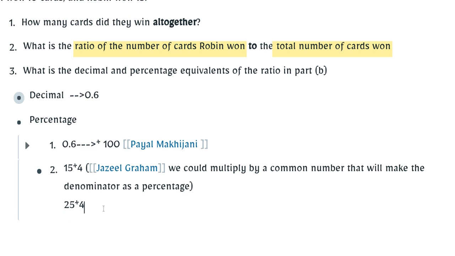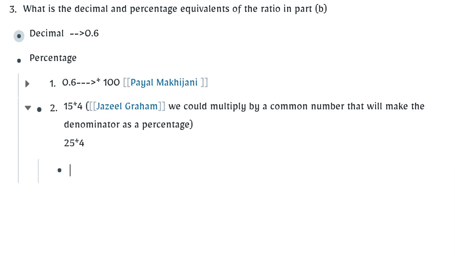Excellent. All right, when we work that out now, we get 15 times 4 to be 60, and 25 times 4 to give 100. That will give us really the same thing as a percentage, which is just 60 divided by 100. That's therefore 60%. Excellent, guys. This was excellent.